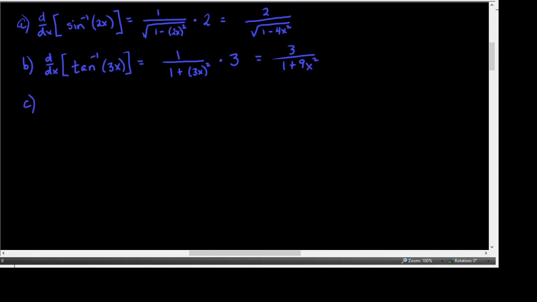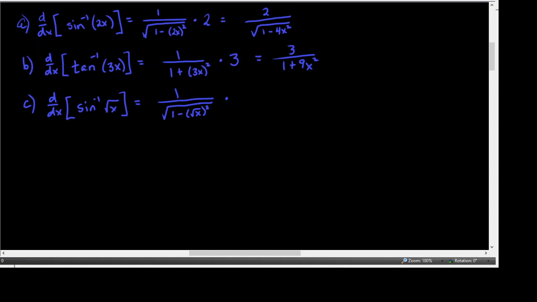C, the derivative with respect to x of sine inverse of the square root of x. So that's 1 over the square root of 1 minus the input, which is square root of x, squared, times the derivative of the inside function.